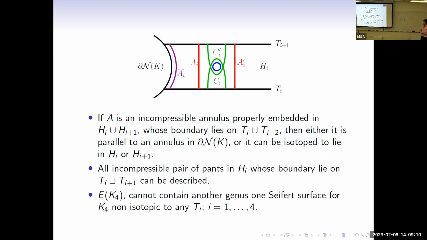Also, if we look now at the pairs of pants contained here. You say that this can be described because it's a little more complicated to say which are all of them, no?